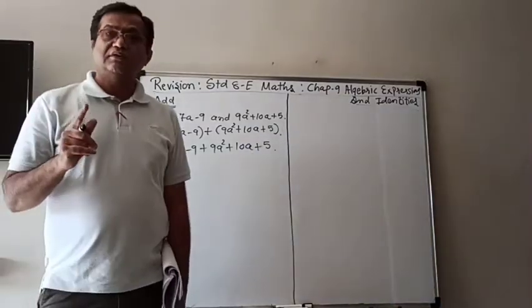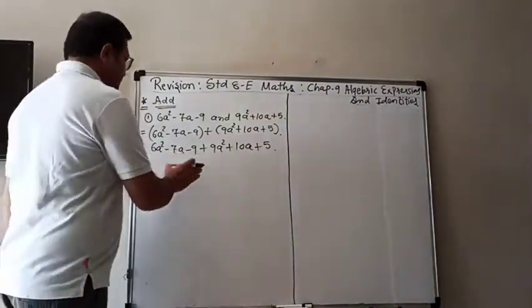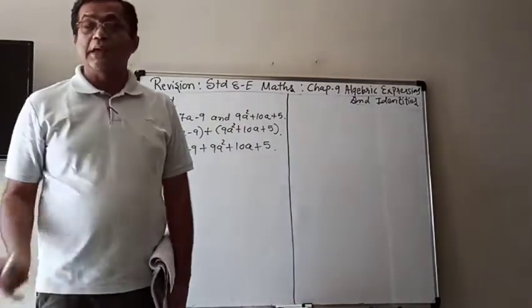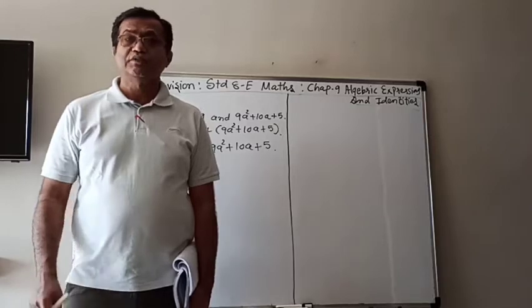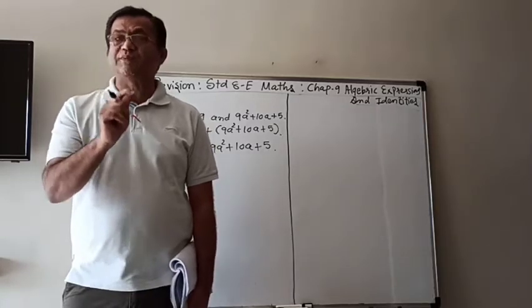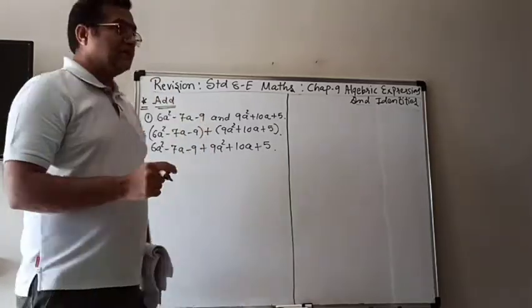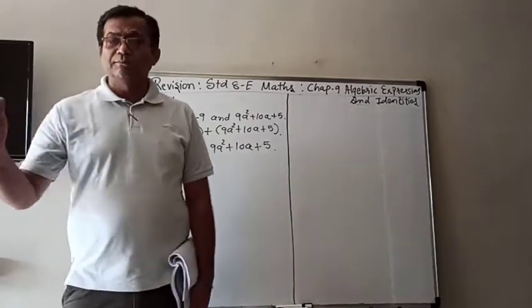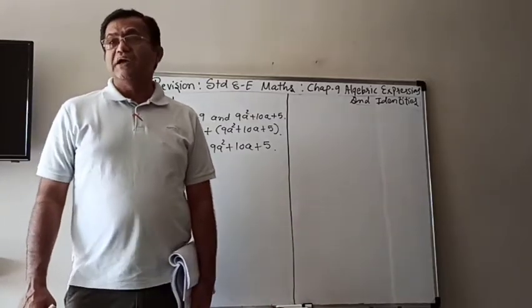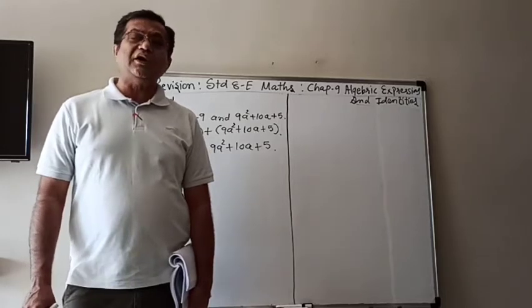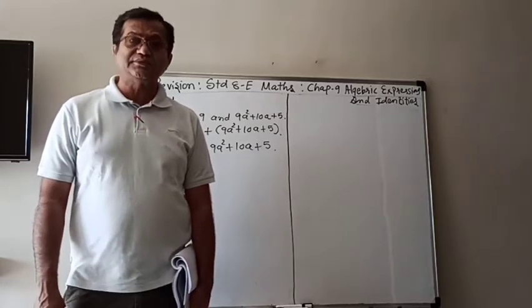Now here we were writing one here and the other down, but now we will not do that. So listen carefully to what I explain now. We have to bring the like terms together, because addition and subtraction can be done only with like terms.